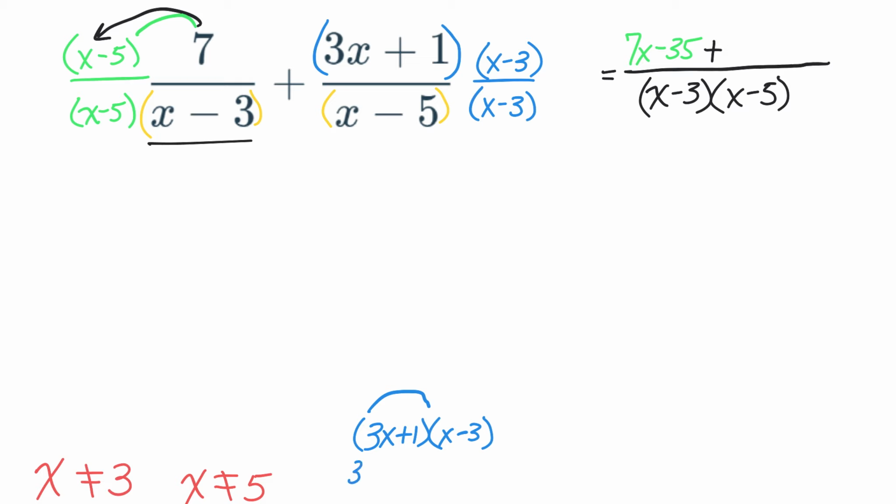So 3 times x is 3x squared. 3 times negative 3 is negative 9x. 1 times x is positive x. 1 times negative 3 is negative 3. So my combining like terms, which in this case is only these two, is that.